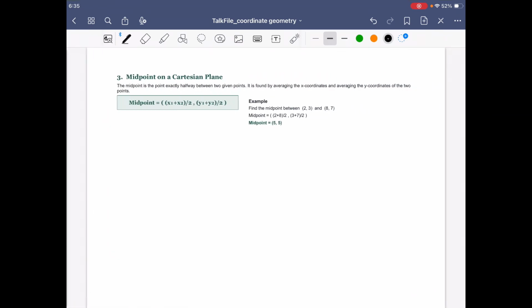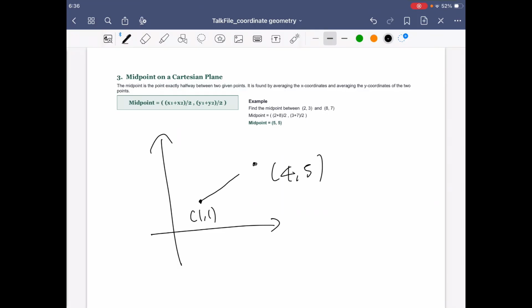The next one is the midpoint. I'm pretty sure it's pretty straightforward. Let's say you have 2 points on a Cartesian plane, and let's say this is 1, 1, and this is 4, 5, and you want to find the midpoint. Then you can just find the middle.